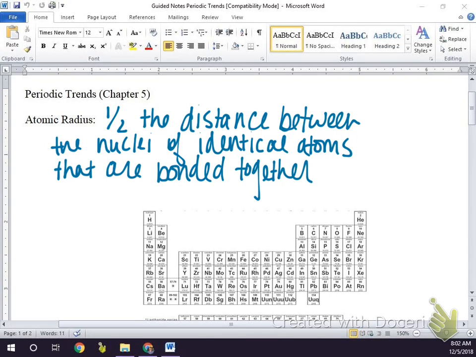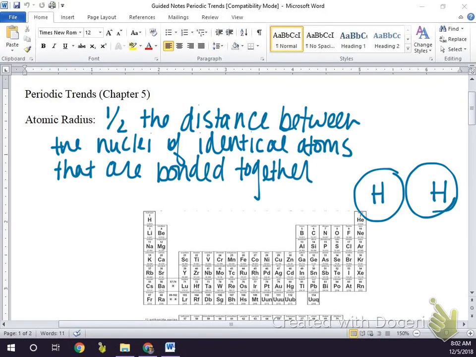Okay, if we know the atomic radius is half the distance between two nuclei of identical atoms, let me just draw it out. Here's a hydrogen atom. Here's a hydrogen atom. They're bonded together, because they're right next to each other.